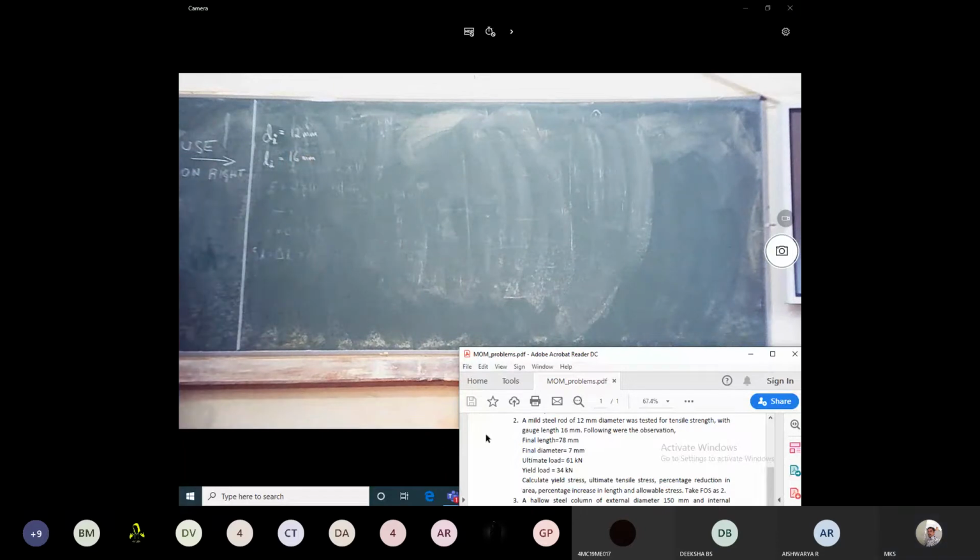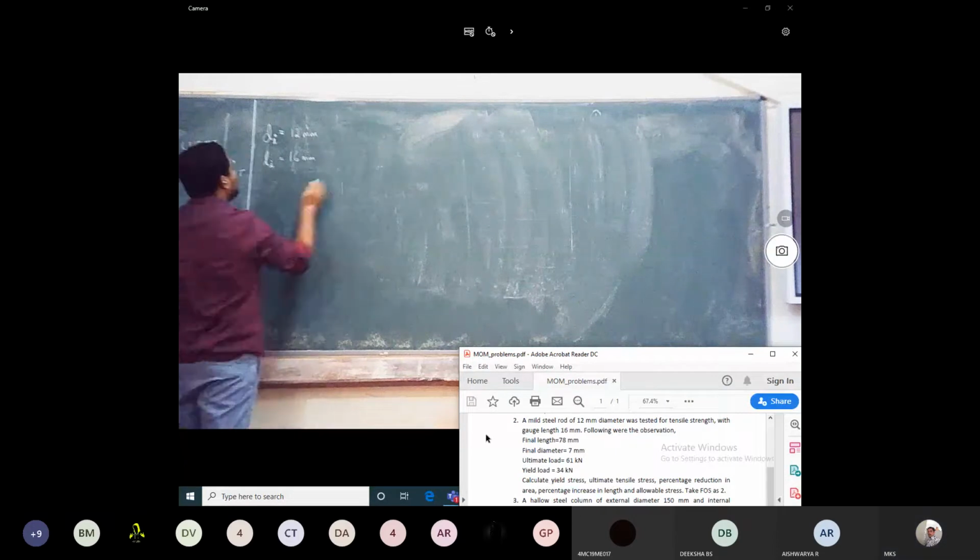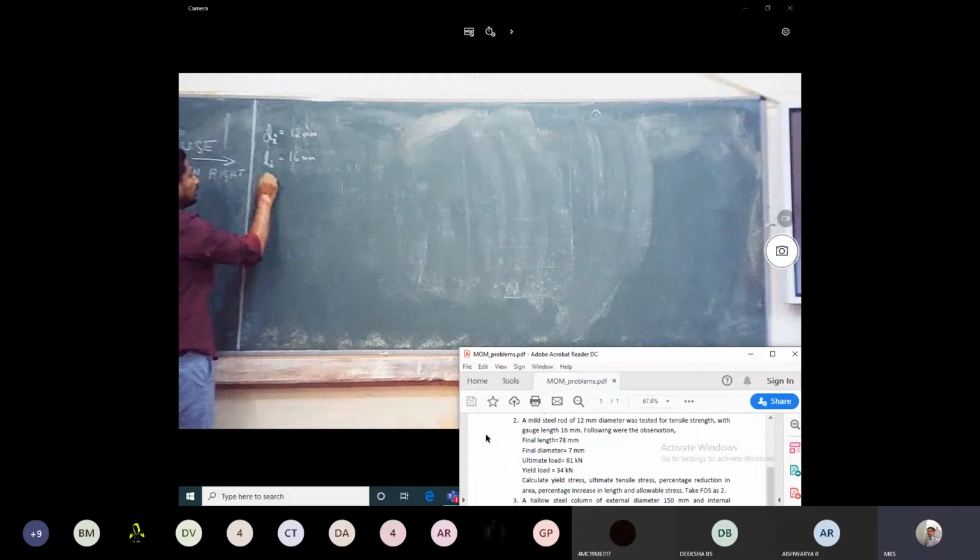Then we have the final gauge length, and the final diameter is given. So final length we will consider as L0, 78 mm, right? 78.